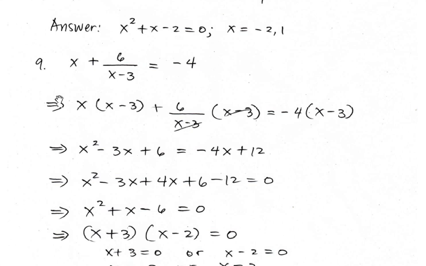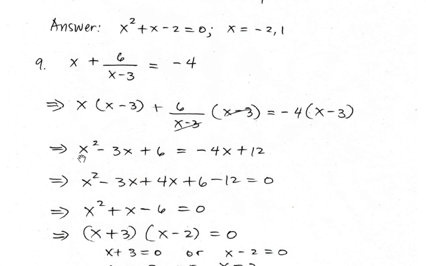For the solution, the first term is x. The second term has denominator x minus 3. So the LCD between x minus 3 and the denominator here, which is 1, is x minus 3. Multiplying both sides of the equation by x minus 3, the first term is x multiplied by x minus 3.